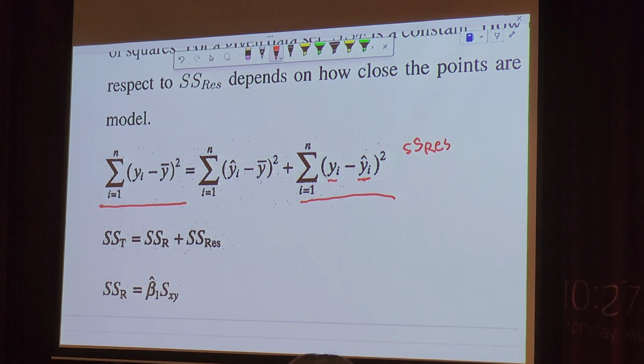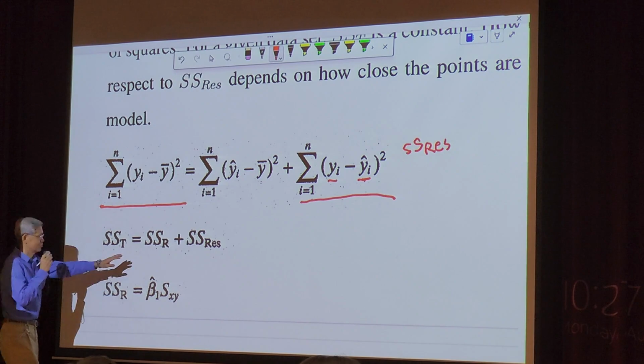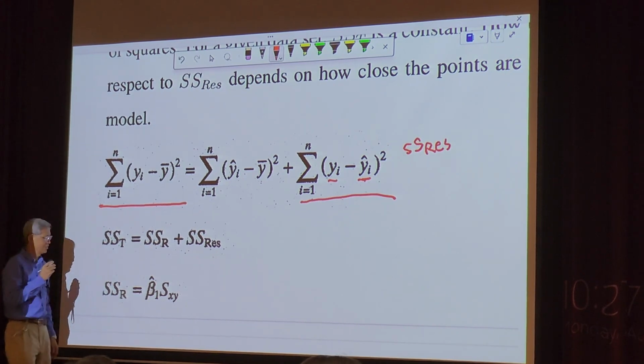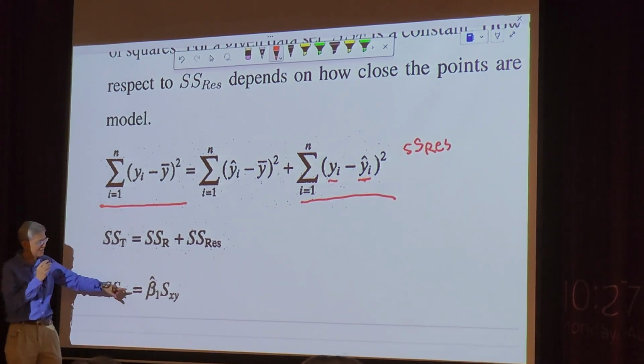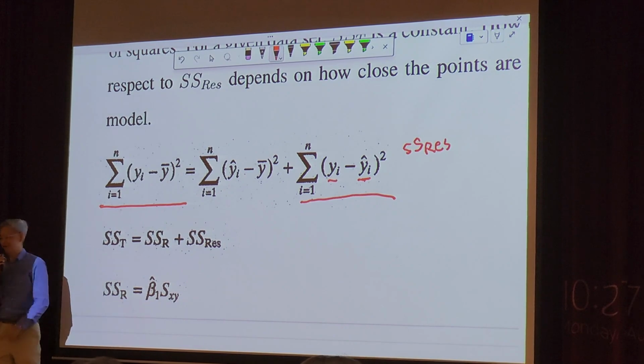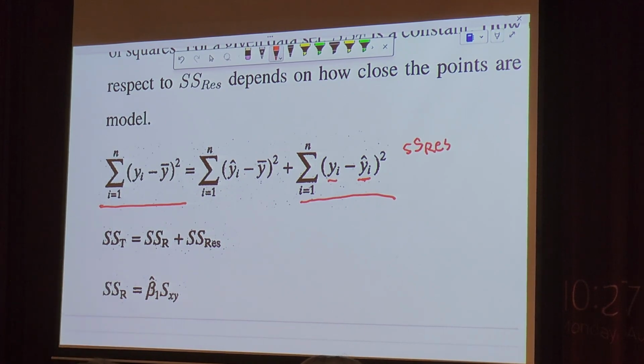It's a measure of the error. So I square and sum it, and I get the sum of squares of all the residues. The other part I call SSR, the sum of squares of regression, which we actually proved also follows another formula: beta 1 hat times Sxy. We proved that earlier, right?